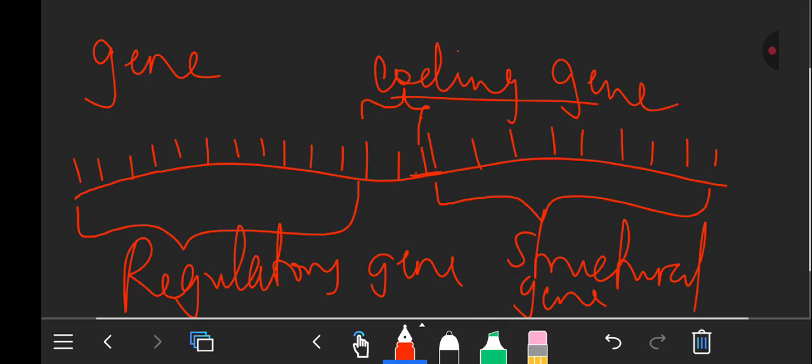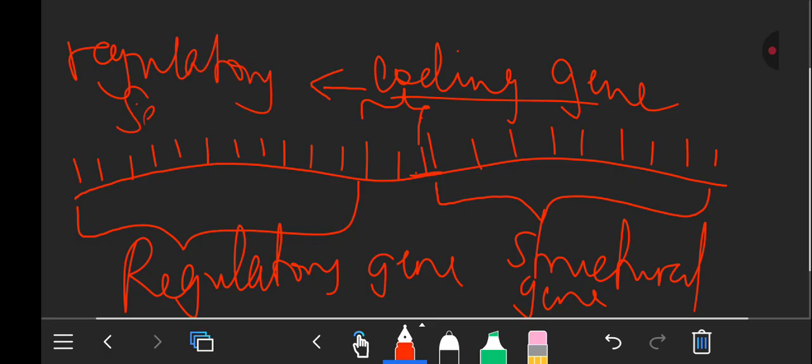We also need to understand that a few bases behind this coding gene, we have what is known as the regulatory sequence, just a few bases behind the protein coding gene.